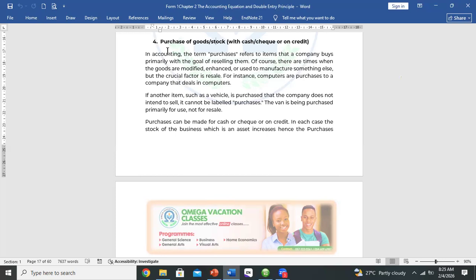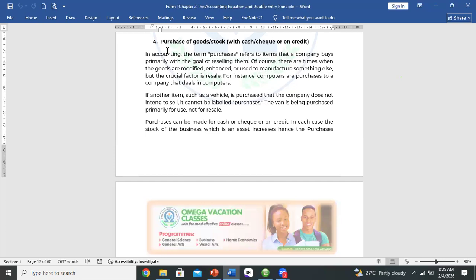Purchases of goods and stock. In accounting, the term purchases refers to items that a company buys primarily with the goal of reselling them. Of course, there are times when the goods are modified, enhanced, or used to manufacture something else. But the crucial factor is resale.